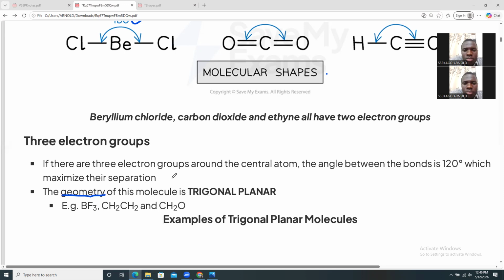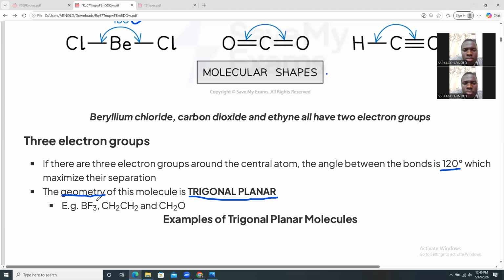Now, for 3 electronic groups, the valence shell electron pair repulsion theorem says that the geometry is trigonal planar and the angle is 120 degrees. However, we are going to see that for the 3 electronic groups there are various possibilities.